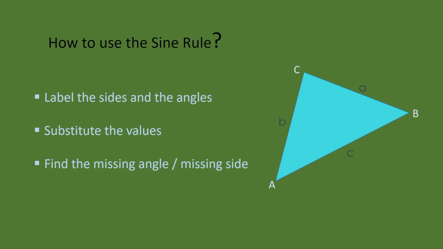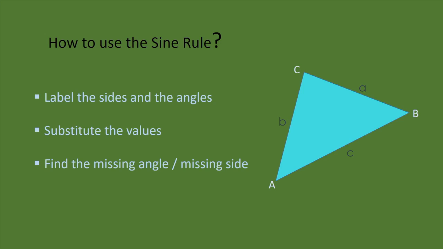How to use the sine rule? So now you must be familiar with the sides and the angles and how we label them. You can see the capital A, B, C in the vertices and the sides a, b, c in lowercase, and they are opposite. First, you label the sides and the angles and make sure you label them correctly.